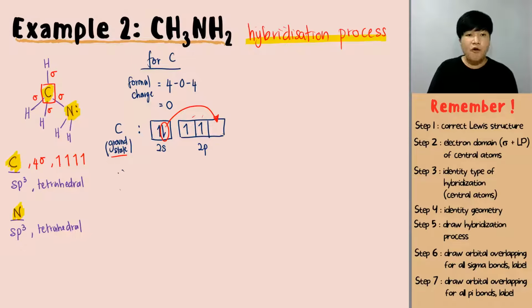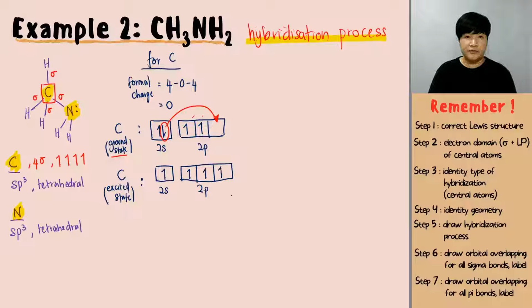Therefore, the carbon excited state shall look something like this, where in the 2s we only have 1 electron left, while in the 2p you will have 3 single unpaired electrons, one in each orbital. That will be the excited state of carbon.